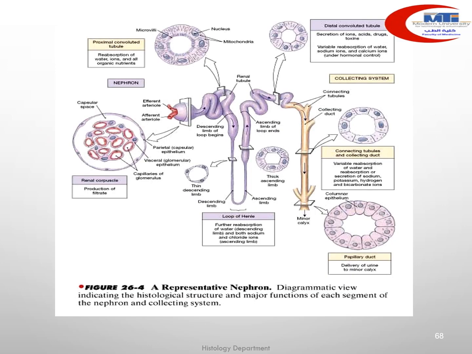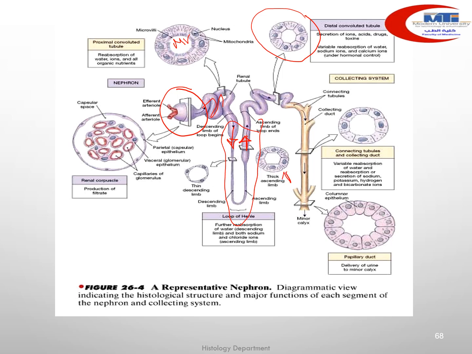So again, the nephron: you have here the glomerular capsule or Bowman's capsule, which contains the glomerulus. The proximal convoluted tubule has many microvilli, whereas the distal convoluted tubule has fewer microvilli. The loop of Henle is formed of two parts: descending part and ascending part, thin and thick part.